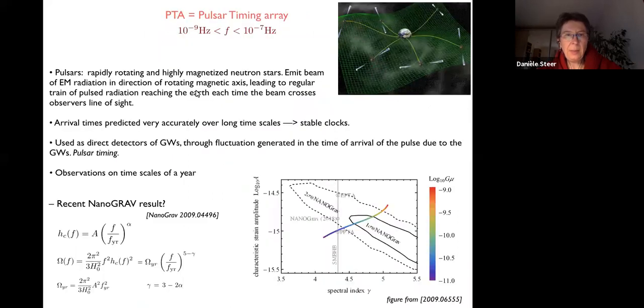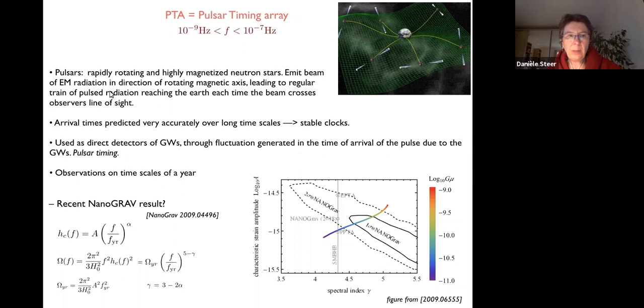The pulsar timing constraints at frequencies of the order of the inverse year, I won't say much about. I'm not an expert on them at all, and I hope you've heard about them from other people. But the basic idea is that pulsars are rapidly rotating magnetized neutron stars, and they emit beams of electromagnetic radiation.